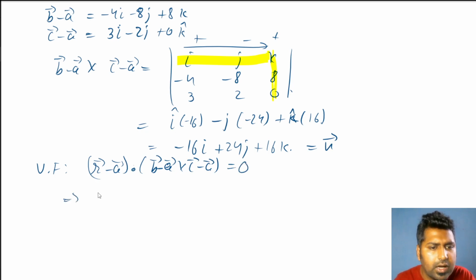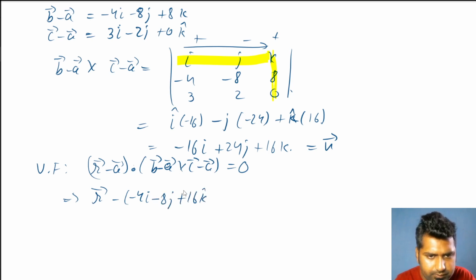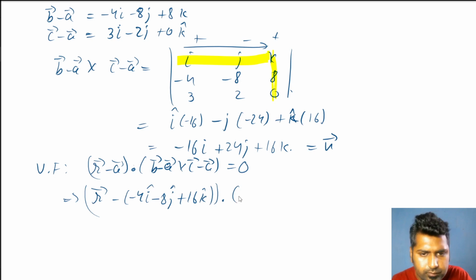This is the form. So R minus a is minus 4i minus 8j plus 16k. Okay, and the dot product minus 16i plus 24j plus 16k is equal to 0.